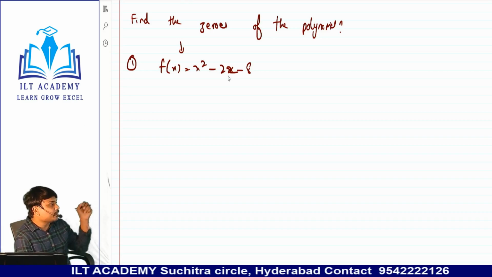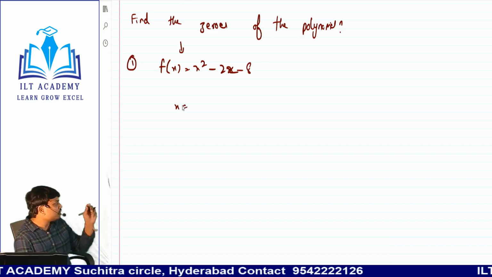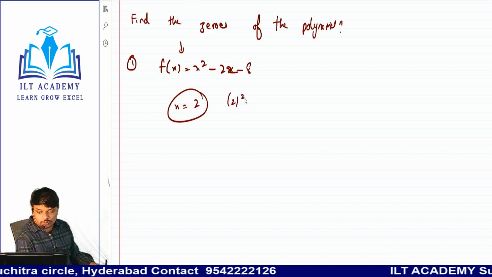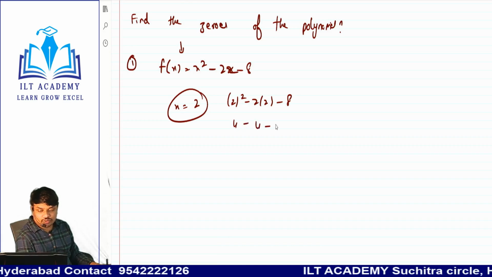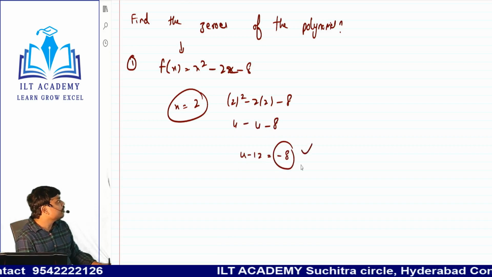If you put some value in this polynomial, like if you put 2 in place of x, what is the value? 2 square minus 2 into 2 minus 8, which is 4 minus 4 minus 8, so 4 minus 12, minus 8. Did we get 0?